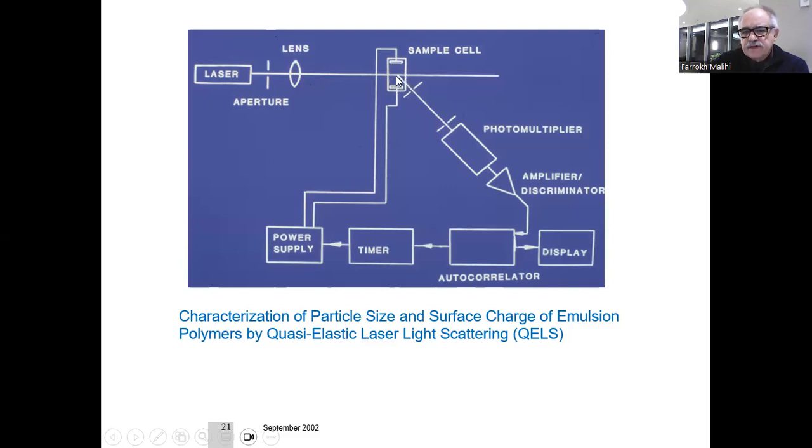And then the scattered light is analyzed by an optical system, which includes a photomultiplier, amplifier, autocorrelator system, and or a spectrum analyzer. So basically, we're looking at the Brownian motion of these particles, which is related to a diffusion coefficient and ultimately to the particle size.